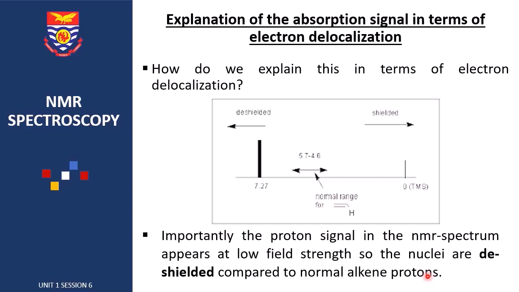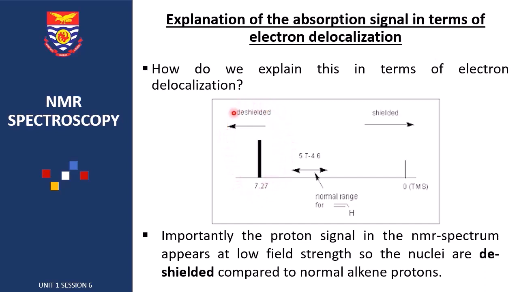And I think we've already established the fact that the double bond in benzene is completely different from the double bond we see in alkenes. So the protons attached to the carbons in benzene appear at low field strength. So the nuclei are deshielded, and all these signals are found at this chemical shift.